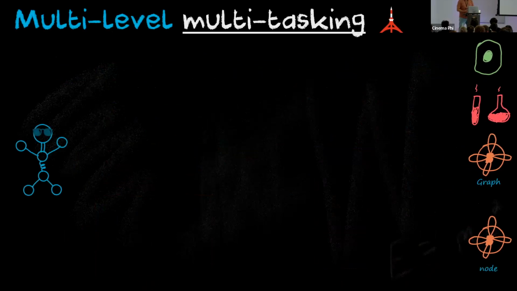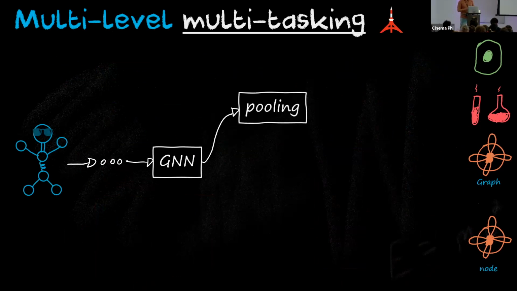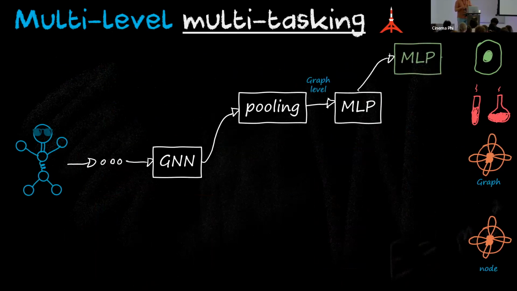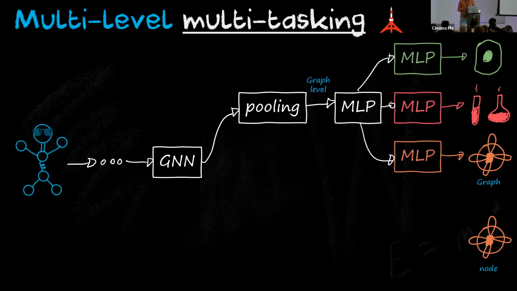So now let's look at multi-level multitasking. You take your graph and you put it into a part of the network to pre-process the graph. Then you go into the GNN layers that we discussed before. You have then pooling, a shared MLP, and then different MLPs for each of the tasks that you have. This is the typical structure that we want when doing multitasking.